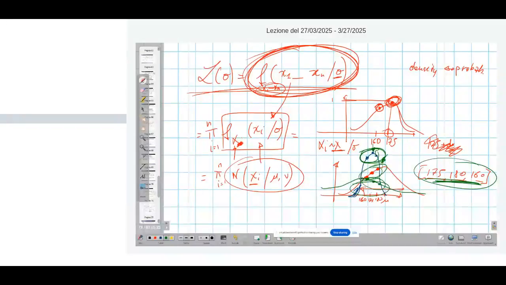So the likelihood, in this sense, can be interpreted as a measure of, this is why the name, how likely it is that we observe those values if the parameters of the model that generated them are mu and v. The higher the likelihood, the higher the chance that we observe these values if we sample from a distribution with the corresponding parameters.